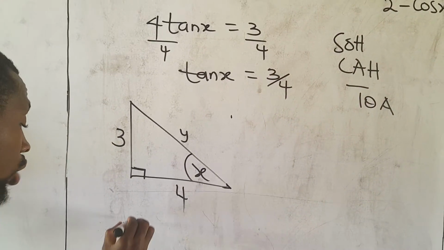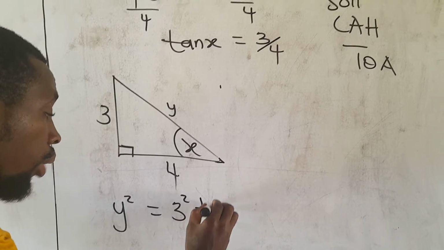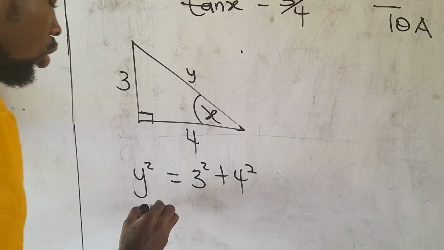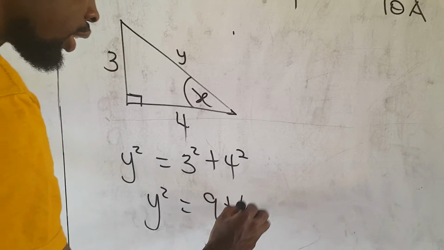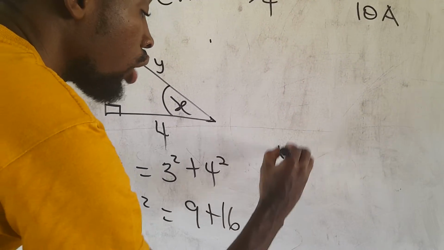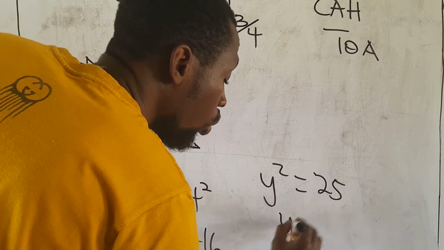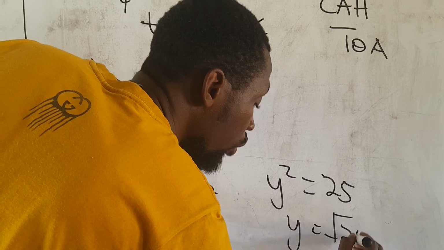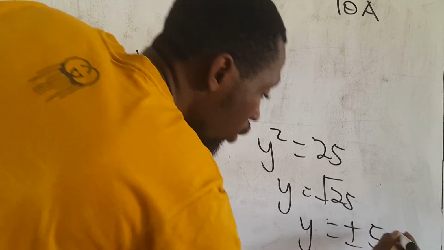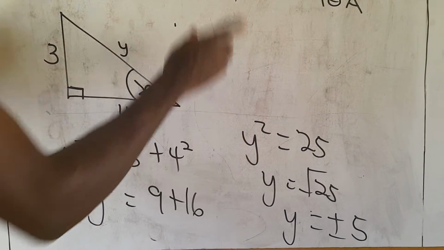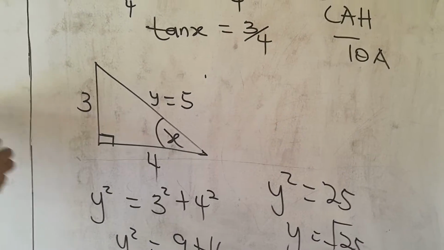And you can say our y squared from Pythagoras theory will be equal to 3 squared plus 4 squared. So 3 squared is 9, 4 squared is 16. Y squared will be equal to 9 plus 16, which is 25. Y will be equal to the square root of 25. And y will be equal to plus or minus 5. However, since it's found in the first quadrant, we'll just deal with the positive. So we can say y is equal to 5.